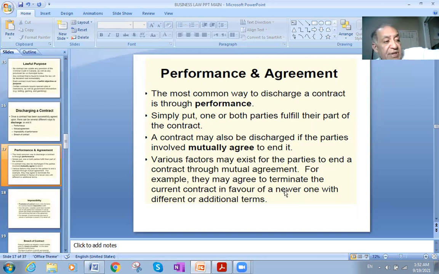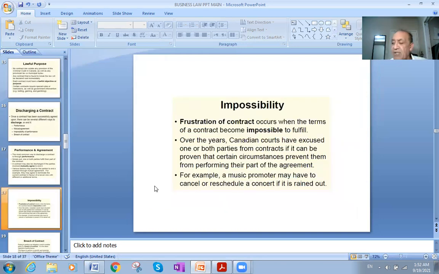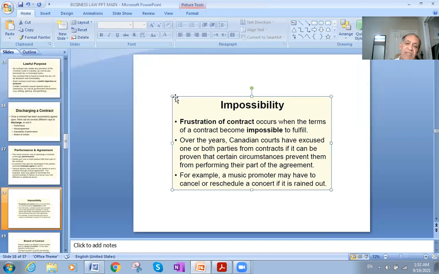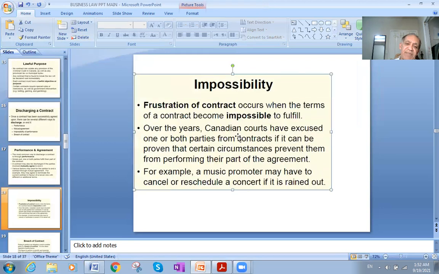So we might finish the old contract now, to update and do a new contract including some extra points, a newer one with different or additional terms. Okay. The second reason for discharging is impossibility.